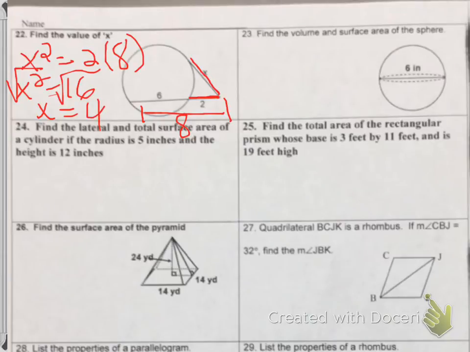Okay. Now, next one, I want you to find the volume and surface area of a sphere. All right, so the volume of a sphere is 4/3 pi r cubed. So I'm going to go 4/3 times pi times the radius.